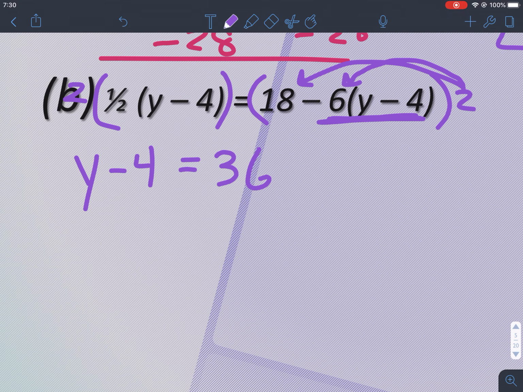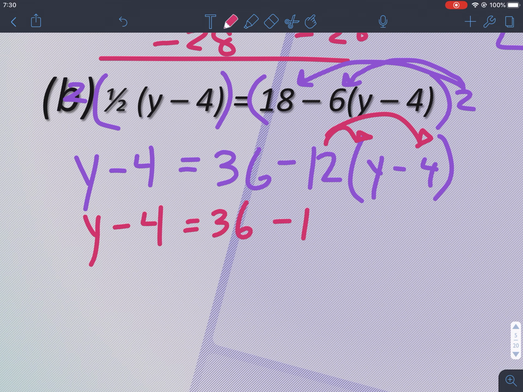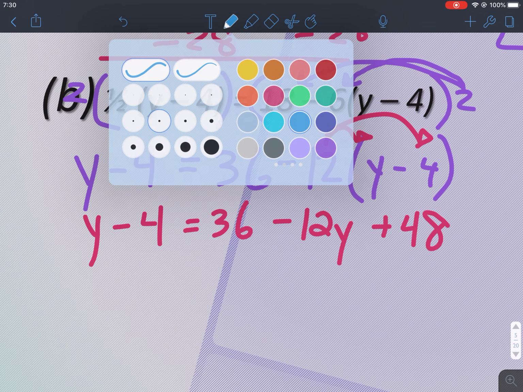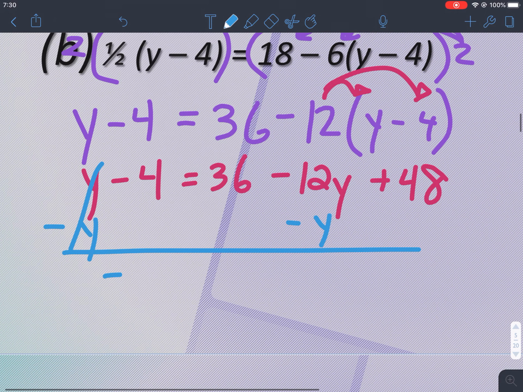6 times the quantity, minus 12, and then y minus 4. All right, now I will distribute the 12. It's going to be plus 48. Subtract y from both sides. And then I will also combine like terms here. 36 plus 48, which is going to be 84.